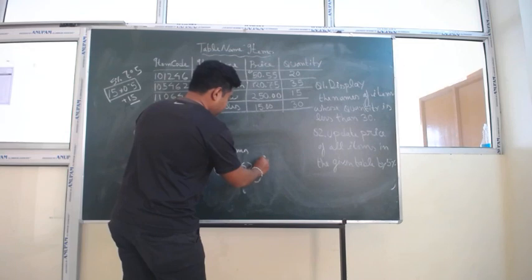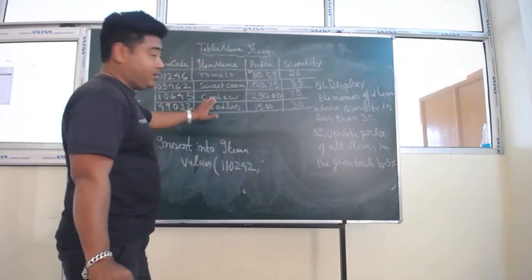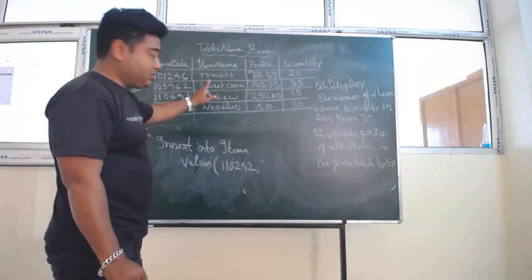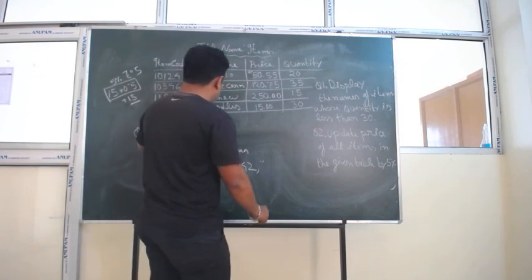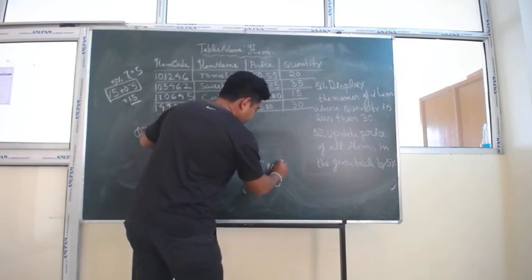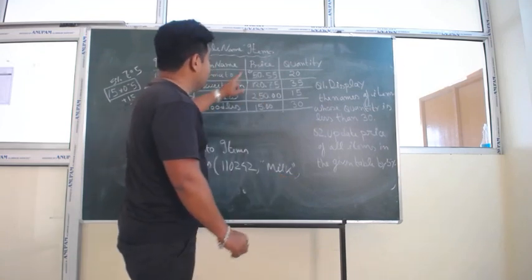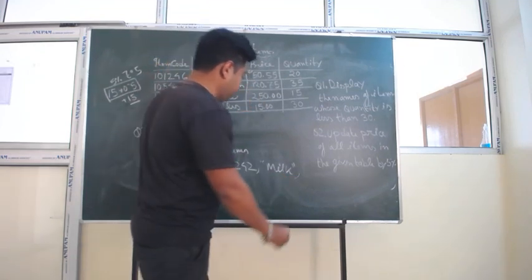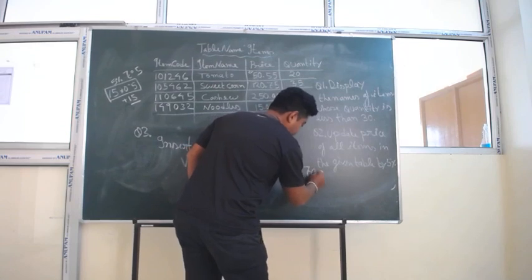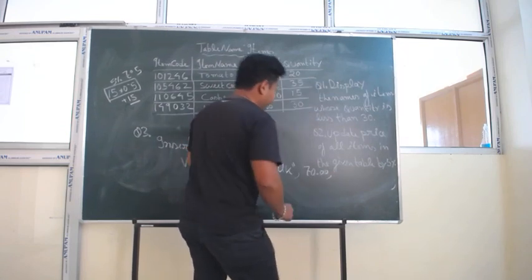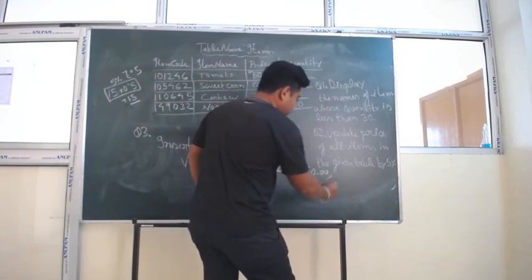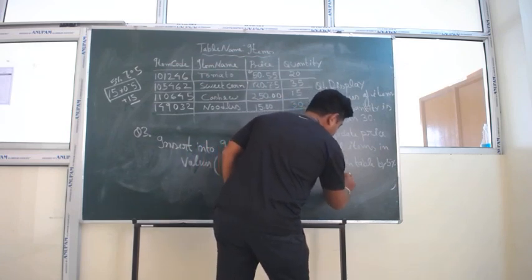Then comma. Next one is alphabet type. That's why I am using double quotes. Suppose mail. Next one is price. Suppose 70. Next one is quantity. Suppose 30.